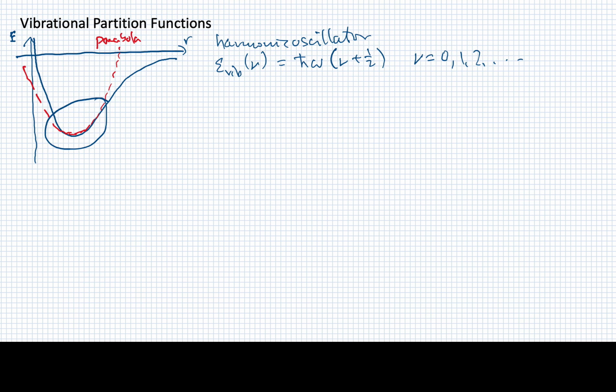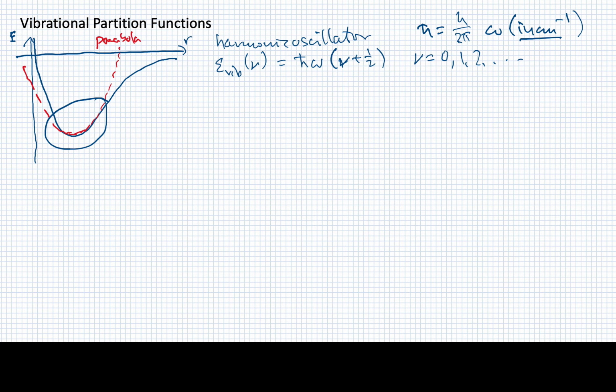There's no limit to the bound states of a harmonic oscillator. All right, this h bar is simply Planck's constant divided by 2 pi. The omega is something that we normally report in wave numbers. So once again, we're using these wave numbers just as we did in rotation to talk about the energy levels, if you will, of a harmonic oscillator.